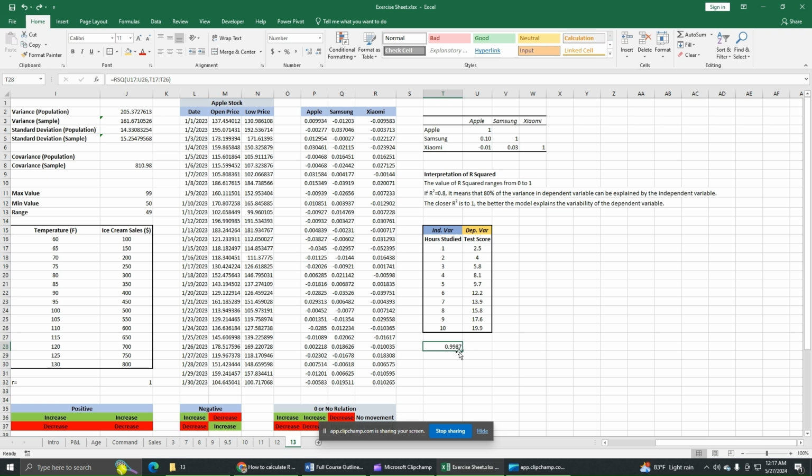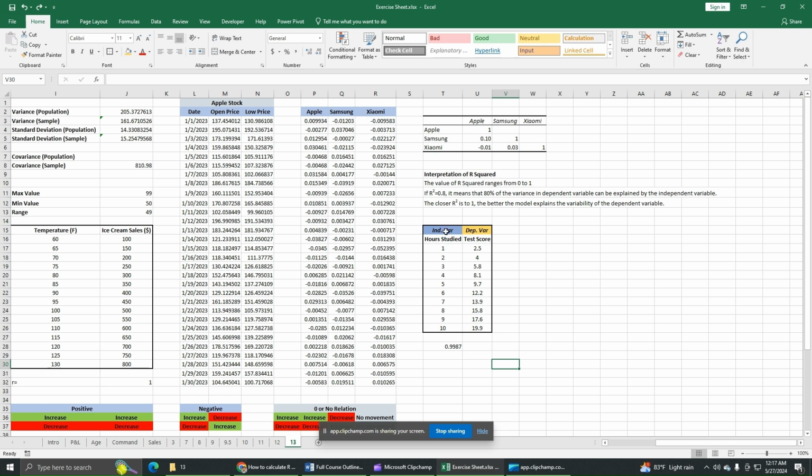Here the value is 0.99. That means 99% of the variance in test score can be explained by number of hours studied. The closer r squared is to 1, the better the model explains the variability of the dependent variable. Okay, so this is how we can calculate r squared.